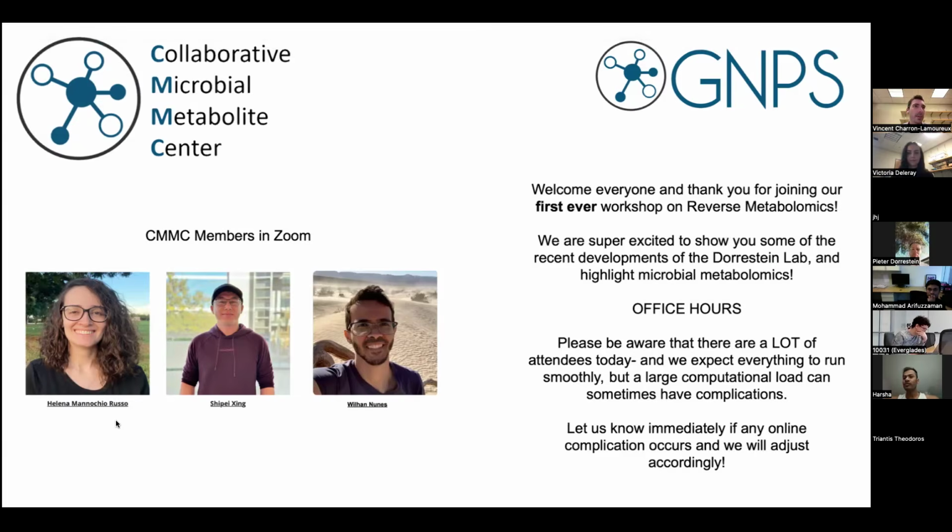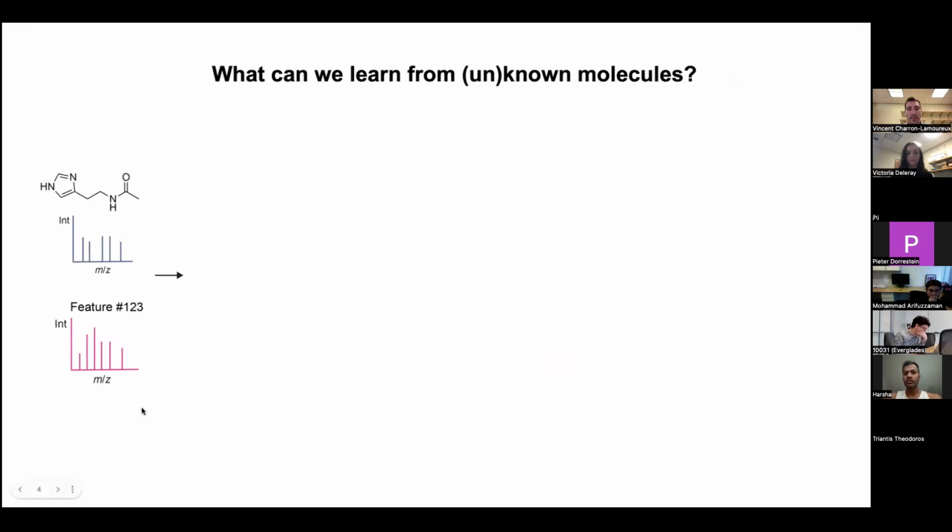So let's start here. I will assume that most of you, and us included, work with molecules or features. It could be a molecule that you know, or a feature that is unknown that you just recently discovered. It could be a feature that you think is important, or you are trying to explain the biology or find its function.